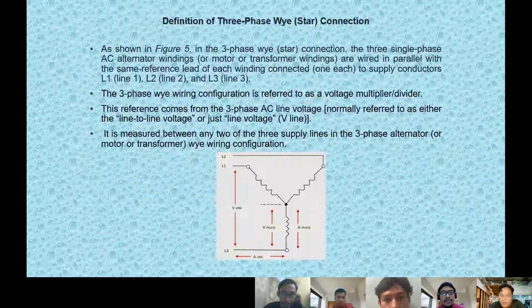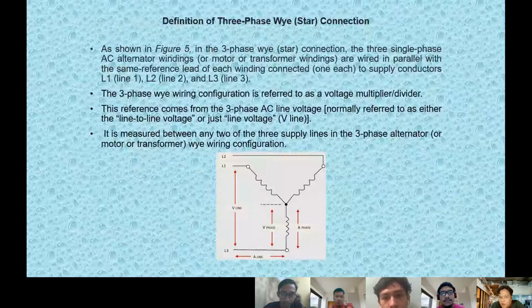The three-phase WYE wiring configuration is referred to as a voltage multiplier or divider. This reference comes from the three-phase AC line voltage, and it is measured between any two of the three supply lines in the three-phase alternator WYE wiring configuration.